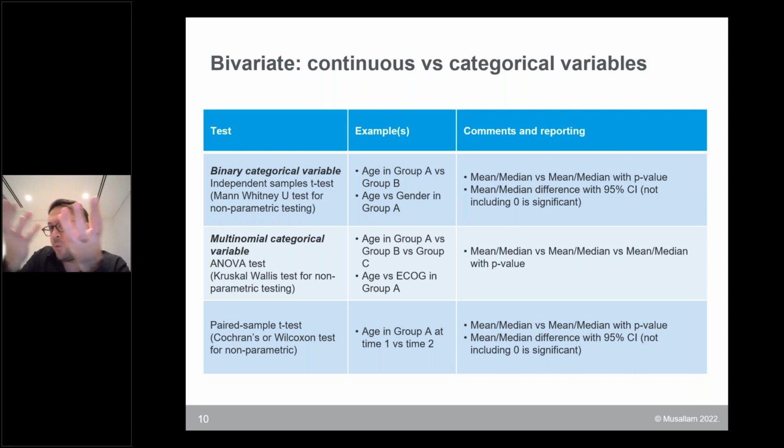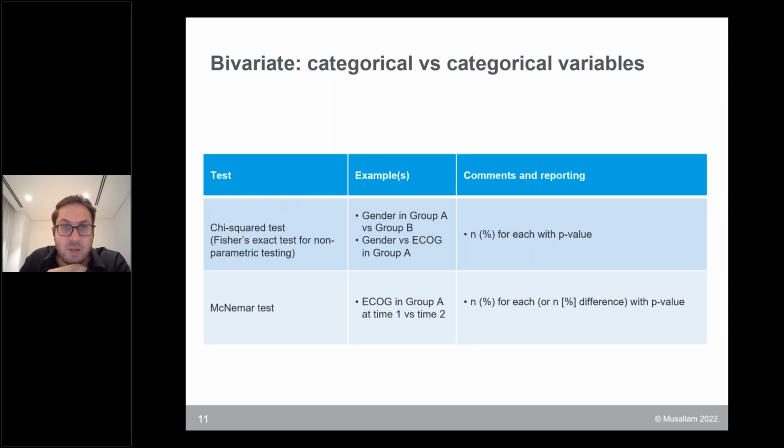So we're virtually considering them two groups and comparing the last reading to the first reading, and it gives you a p-value, the paired sample t-test. If you're comparing means, same thing. The non-parametric alternative, for non-normally distributed data, is the Wilcoxon test.